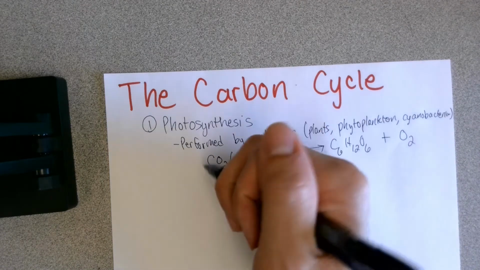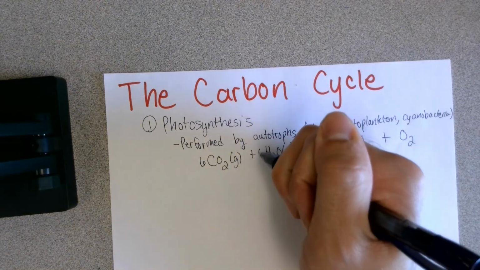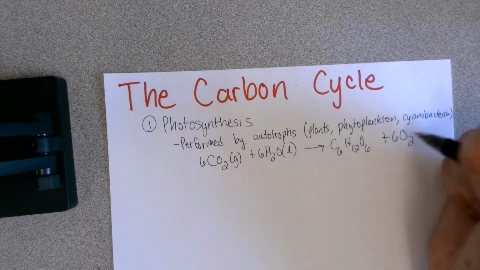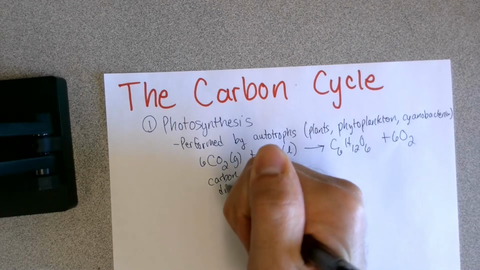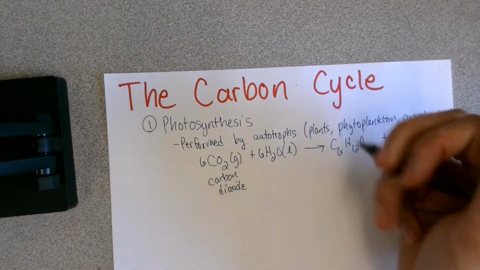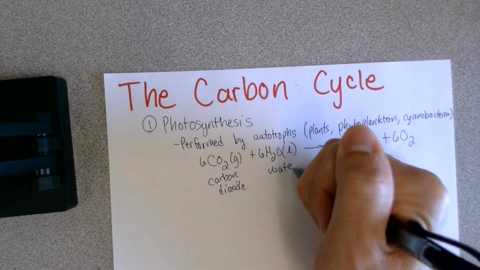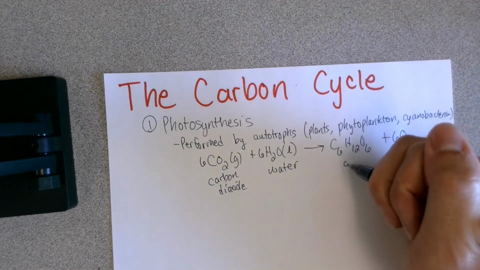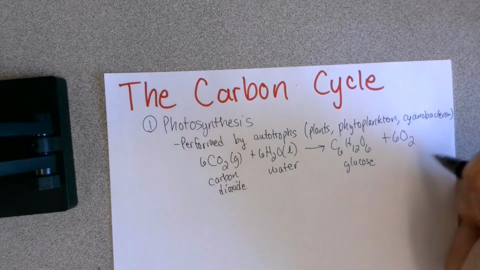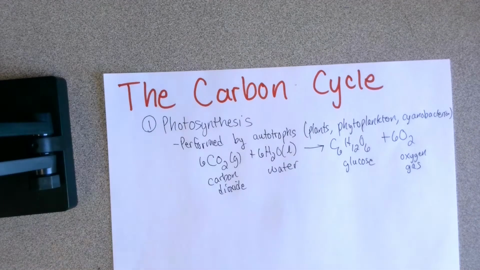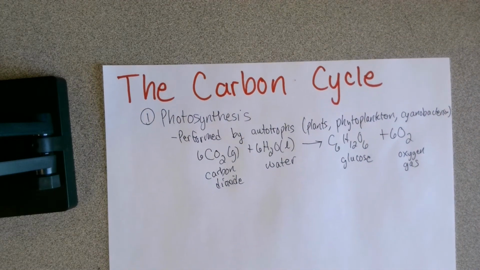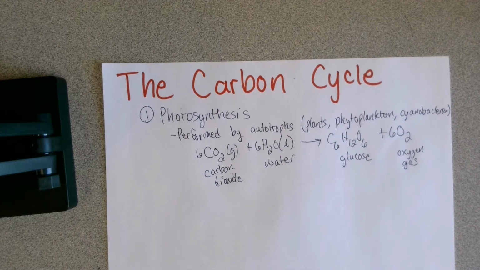And to balance this, all you have to do is do a 6 here, nothing there, and then a 6 there. So this is carbon dioxide, this is water, glucose, and oxygen gas.